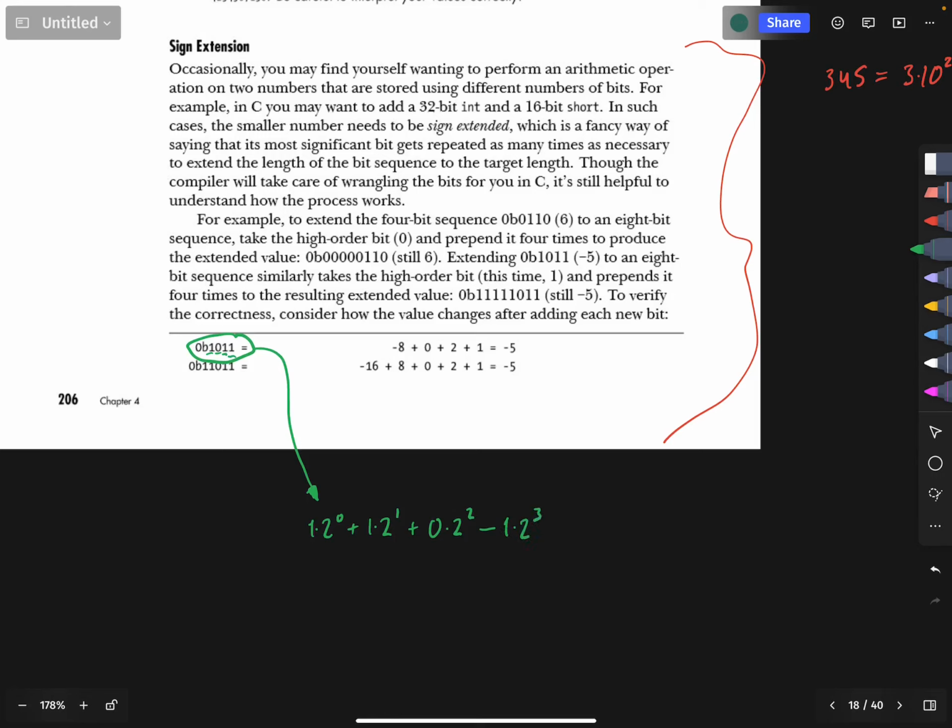This thing right here is -8, so that's -8 plus, and I think we're writing it in reverse order, so this will be 0, this will be +2, and this will be +1. But the point is that there is this nice formula in terms of a base 2 expression that allows you to interpret a 2's complement number.